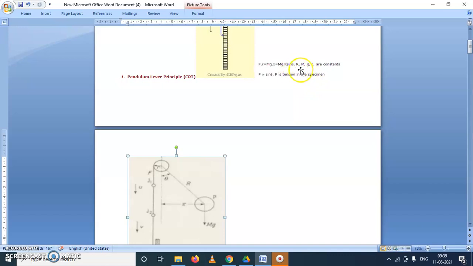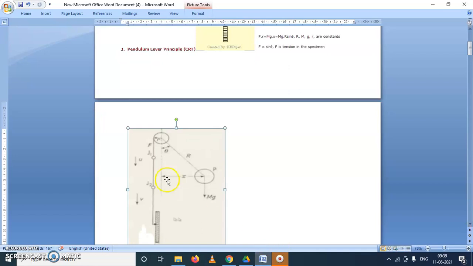Now we know that capital R, m, g and small r are constants for a given instrument. So we can say that F is directly proportional to sine theta, that is, the force developed inside the specimen can be measured through this angle, how much the pendulum has been lifted. This is the basic part of the pendulum lever principle: the force developed inside the sample is directly proportional to the sine of the angle risen by the pendulum.